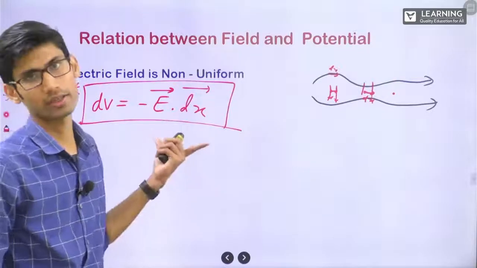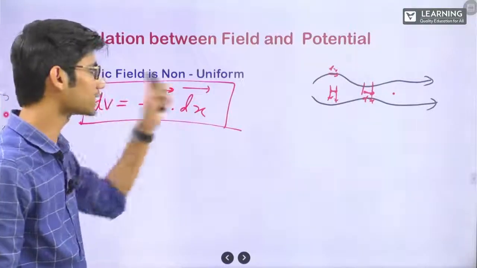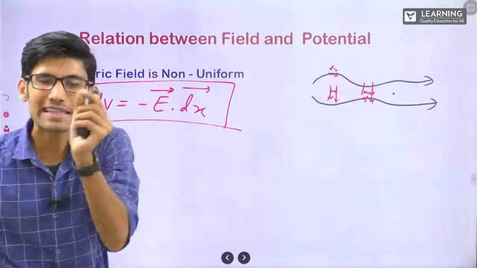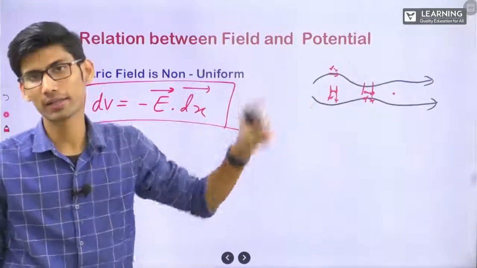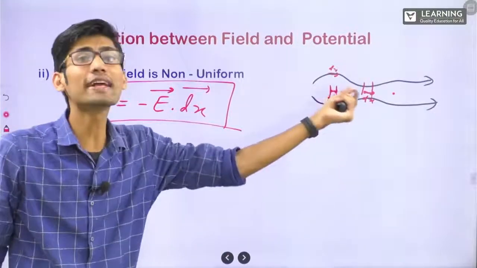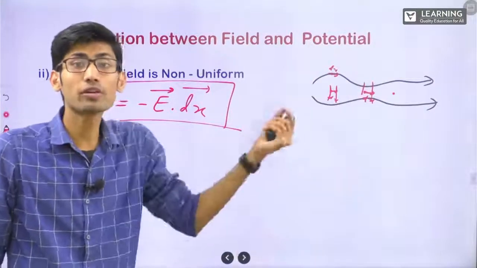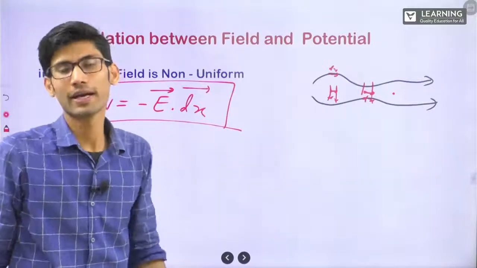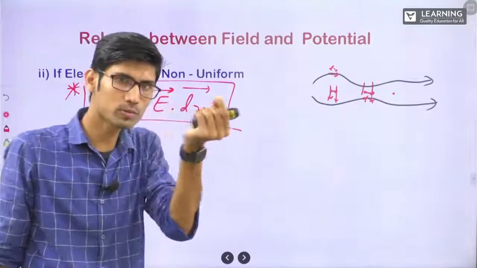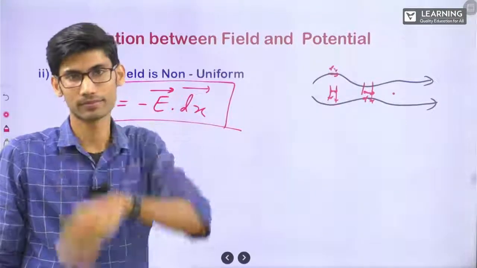Whether the electric field is uniform or non-uniform, this is applicable everywhere. What we have done here is, for a very small part, we have considered the electric field as uniform. So we have broken this into infinitely small distances, and then we have found out potential for those small points, infinite points, and we have added.